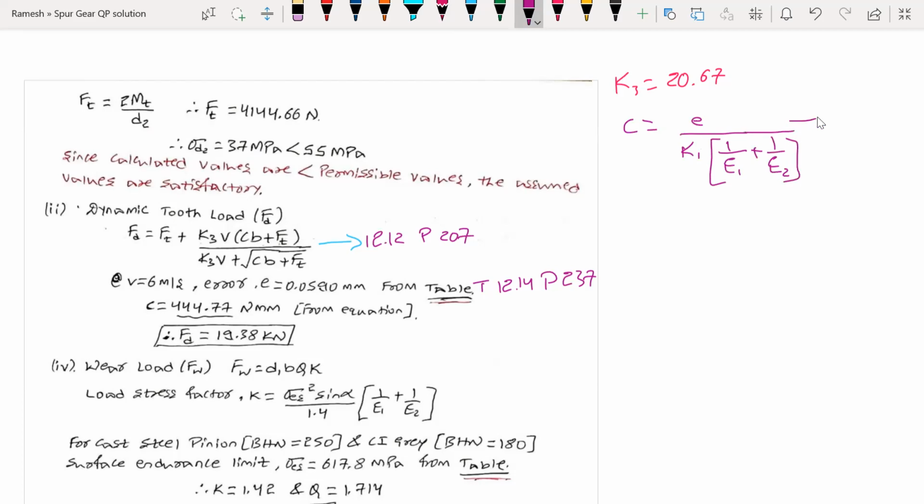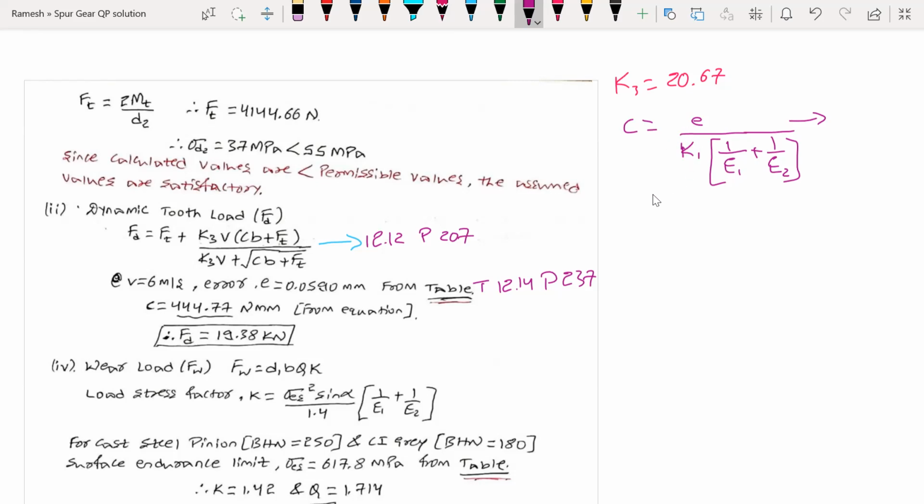This is in the data handbook, below equation 12.12 on page 207. I have already calculated the value of E. Next I need the value of K1, and that K1 value is 8.7.